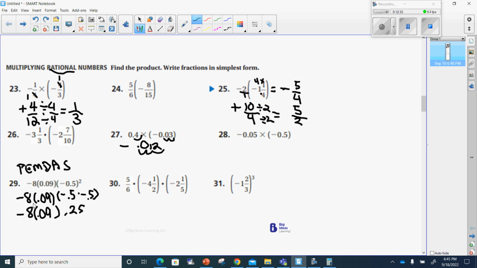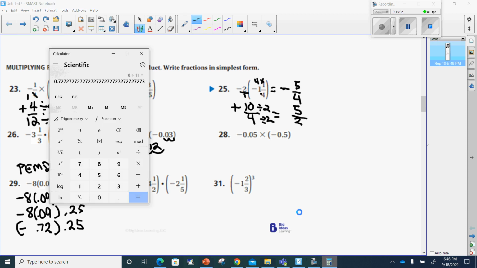Right, I know that 8 times 9 is 72, and a positive times a negative is a negative. I know I have 2 place marks here for this decimal, so I'm going to have to go back 2, and let's make this negative 0.72, and now I'm going to multiply that to 0.25.